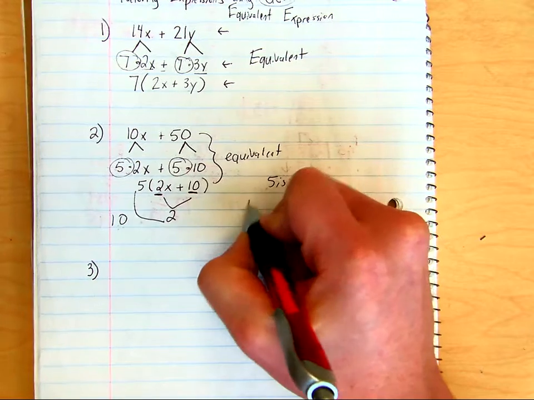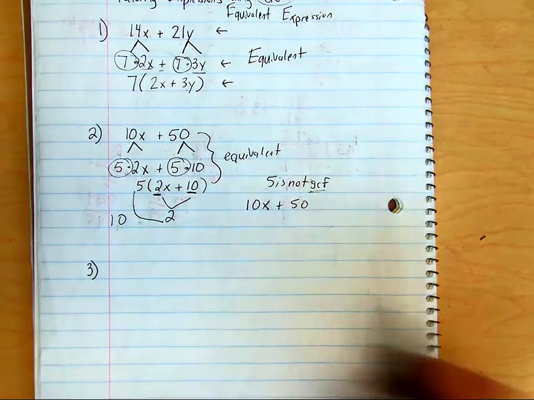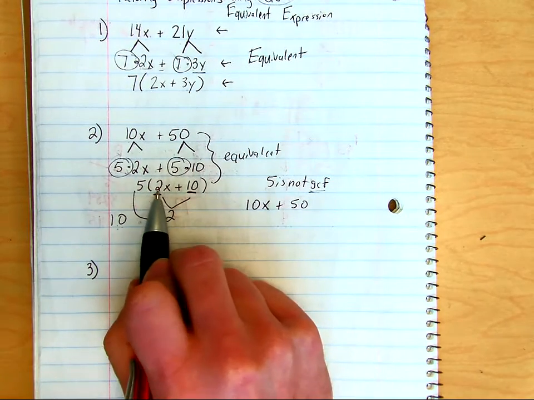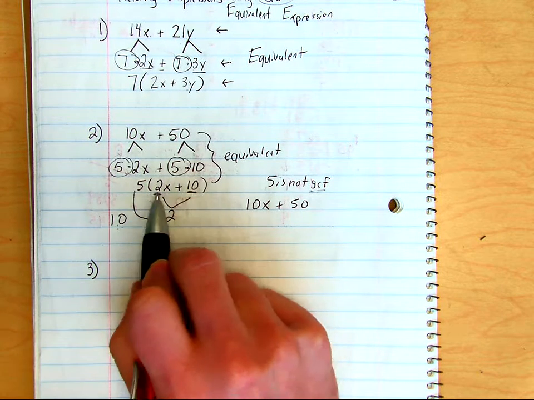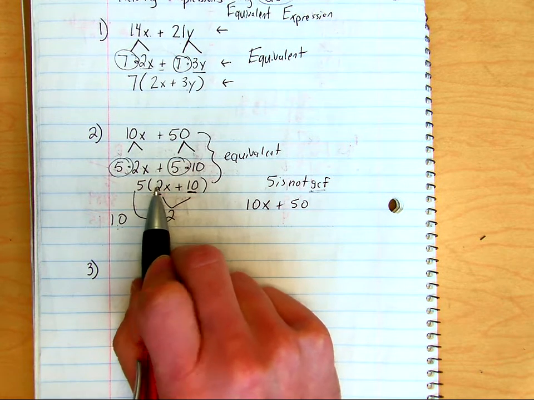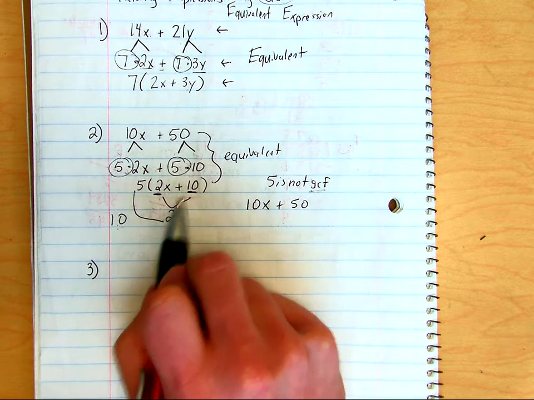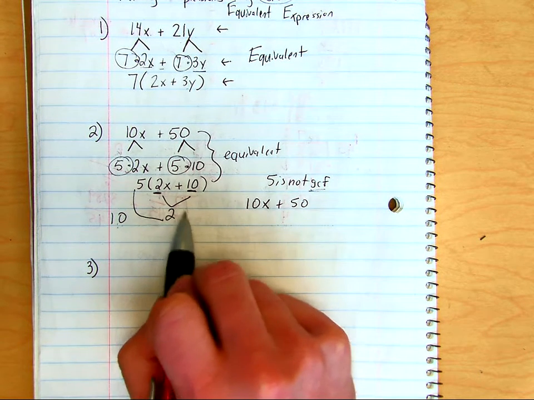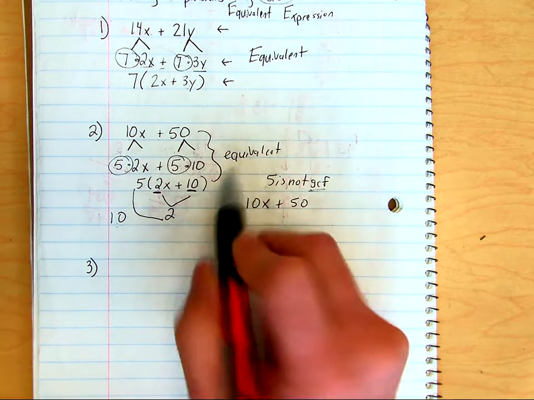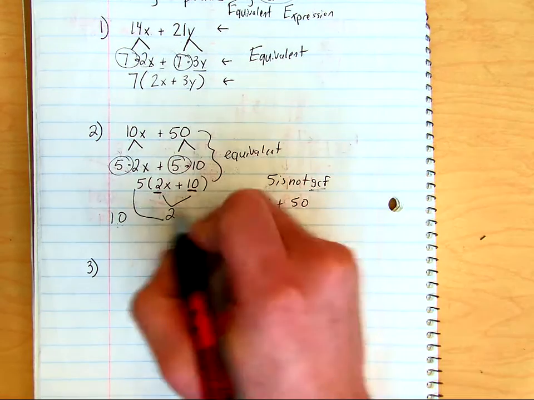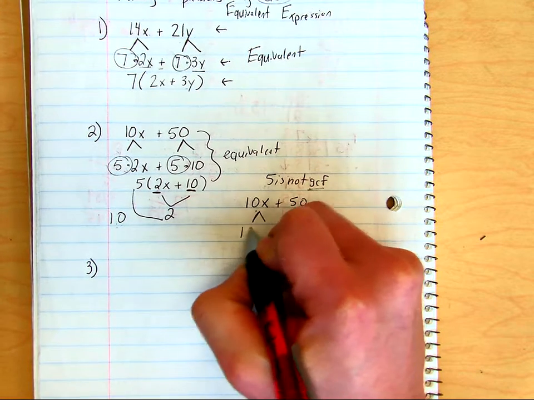And again, when I'm looking at this, after I factor it, if the terms still have a common factor, 2 can go into 2x, 2 can go into 10. If the terms still have a common factor, that means it's not the greatest common factor. This is equal, but it's not factored fully. So 5 times 2 makes 10. So I know 10 is my greatest common factor.